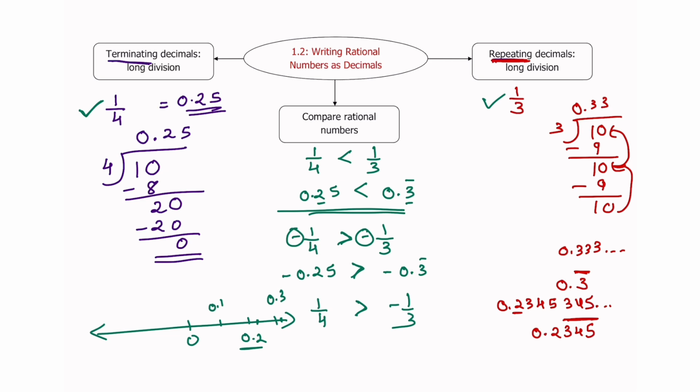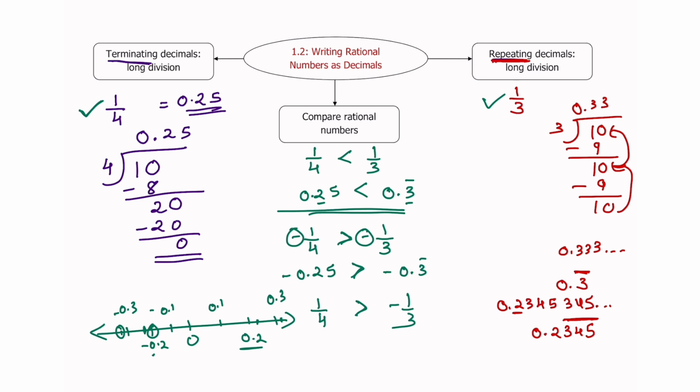If it was minus, same thing we do here: minus 0.1, minus 0.2, minus 0.3. Now minus 0.25 is somewhere here and minus 0.3 somewhere here. So in this case, this becomes the bigger number. Even using number lines, you can confirm your answer.